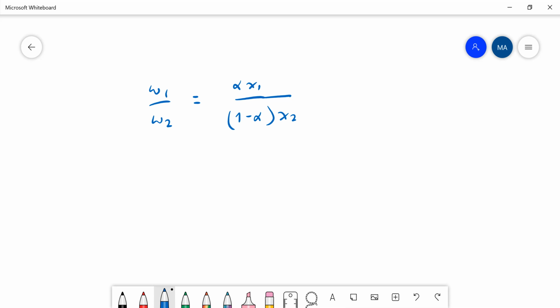This is your model-SAM relationship, but you should also realize this. Wait, I have a problem here. Once again, another typo. So this will be obviously x2. You should be alert, because they should be inversely related with the factor price ratios.